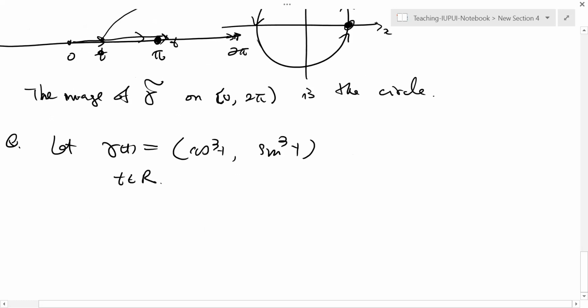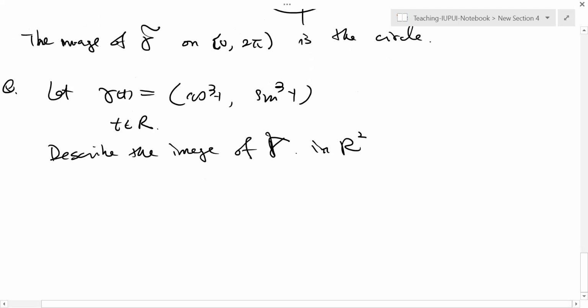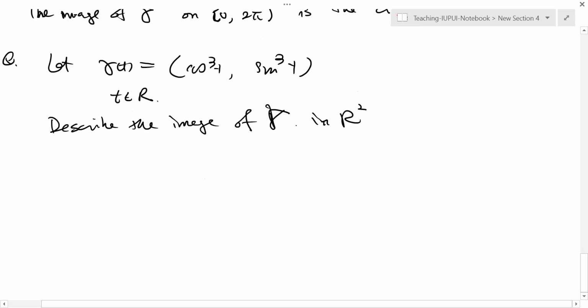Can we describe the image in R2? Right, so sine and cosine of 3t are defined for all t.